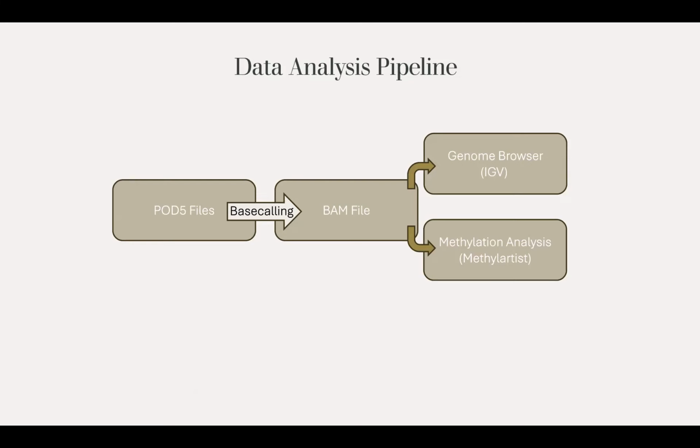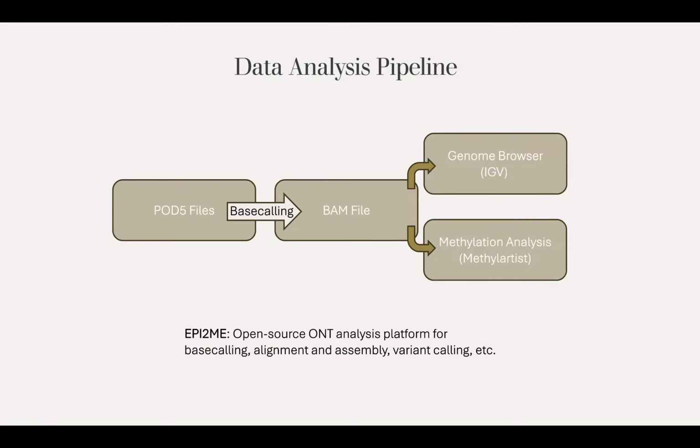But because so many of these reads are skipped in real-time base calling, I like to also base call after the fact. From that, I get BAM files, which I can port into a genome browser such as IGV or some sort of methylation visualization software. We use MethylArtist currently, and I'll show examples of what each of these look like in a moment. I did want to mention, though, I have not personally used this yet, but ONT has an open source analysis platform called Epitome.